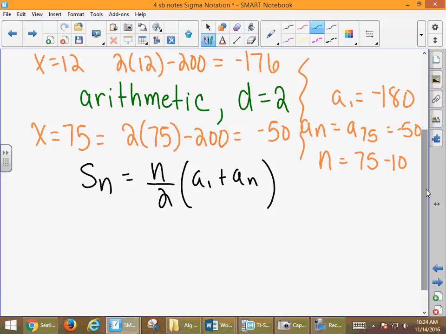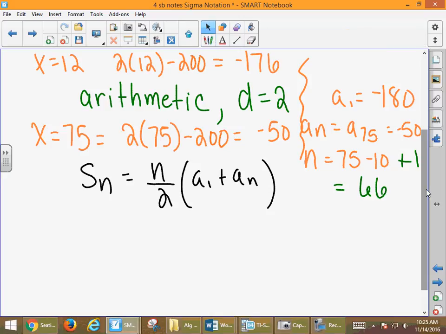But we need to count the 10th value. And if we do 75 minus 10, we're not counting that 10th value. So in order for us to figure out n, we need to add 1 in there. So we take the top of sigma, which is 75, the bottom of sigma, which is the 10, and then we have to add 1 more to make sure that we're counting that value of 10 in there. So when we finish this, 75 minus 10 is 65 plus 1 is 66.